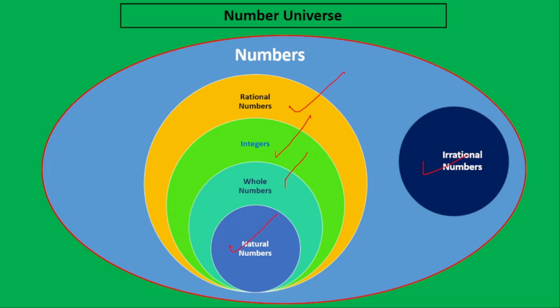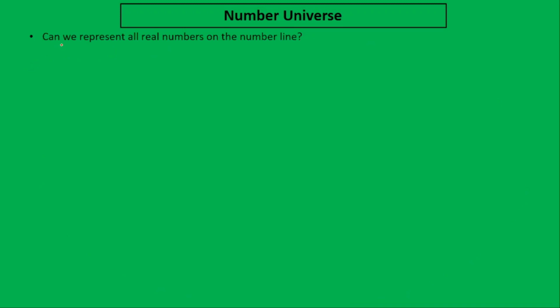Rational numbers, integers, whole numbers, natural numbers, irrational numbers are there. All these numbers can be represented on a number line. So any number can be represented on a number line.